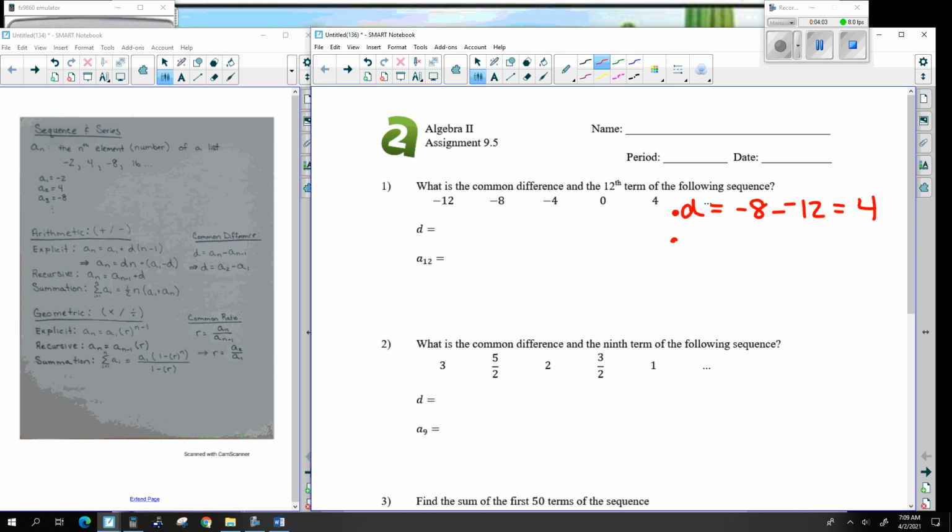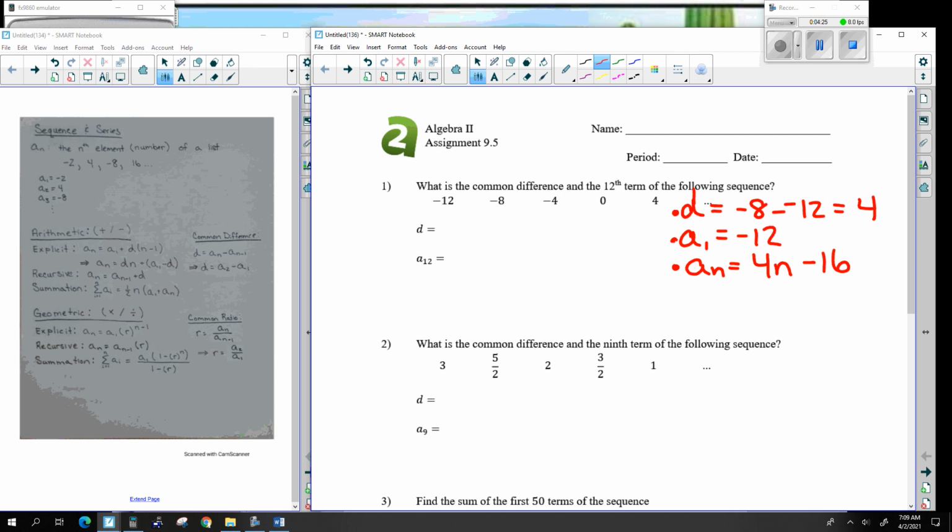We probably also need to know A1, the first term. Then our explicit formula would be the difference times N, and then -12 minus 4. That's the explicit formula.